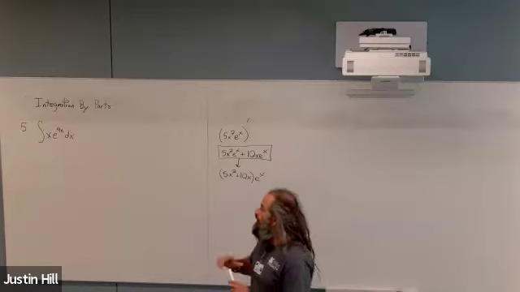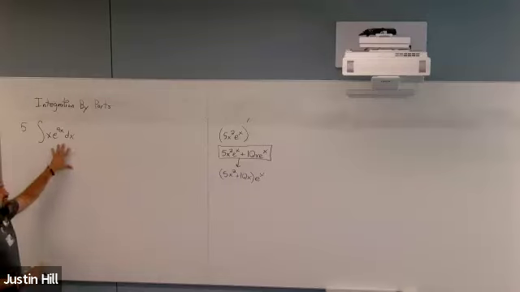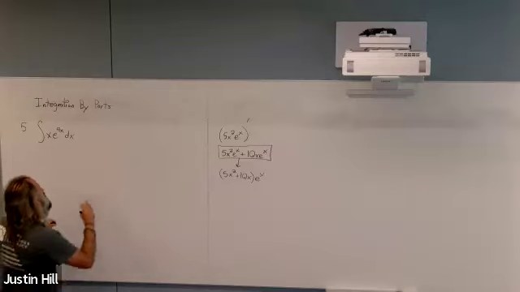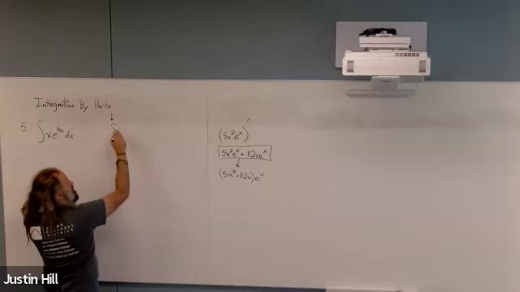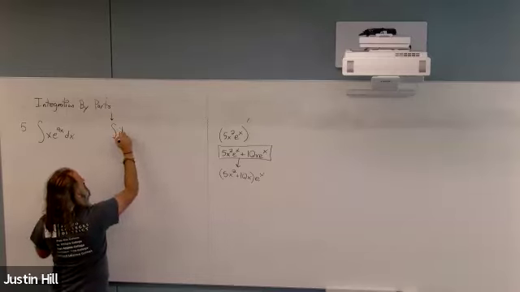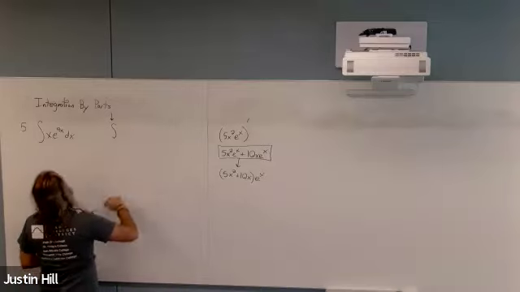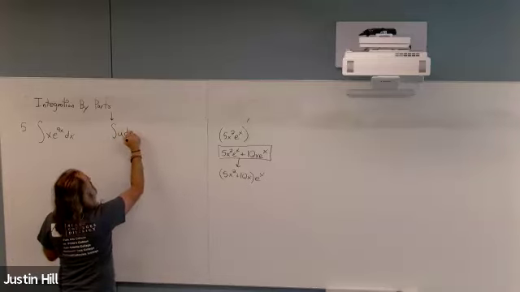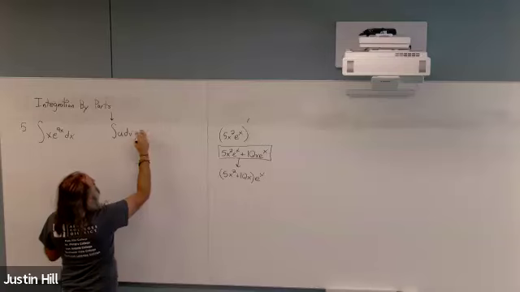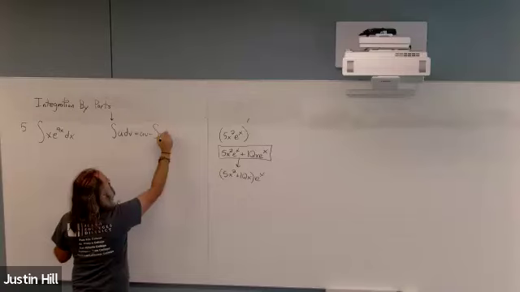So let me show you how integration by parts works. The formula is the integral of u dv equals uv minus the integral of v du.